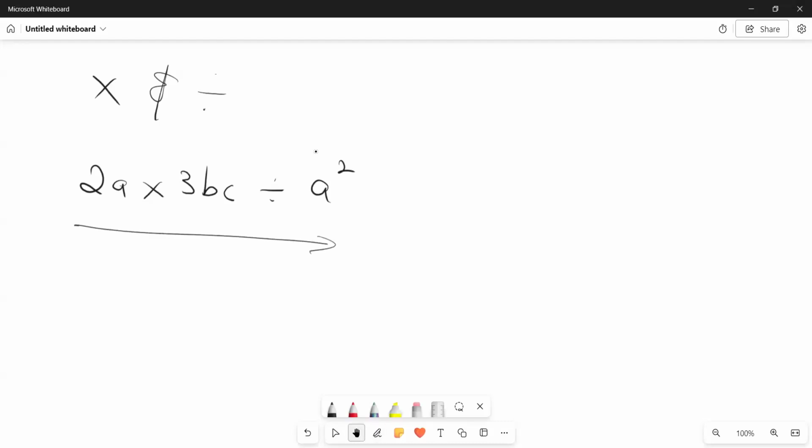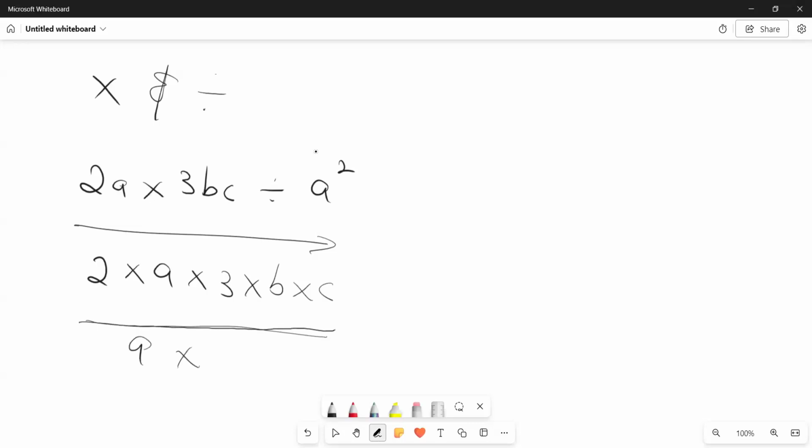So we do the multiplication: 2 multiplied by a multiplied by 3, multiplied by b, multiplied by c, all over, and this line is like dividing, a multiplied by a. One of the a's can cancel with one of these a's. Nothing else can cancel. And we get 2 multiplied by 3, 6, b multiplied by c is bc, over a.